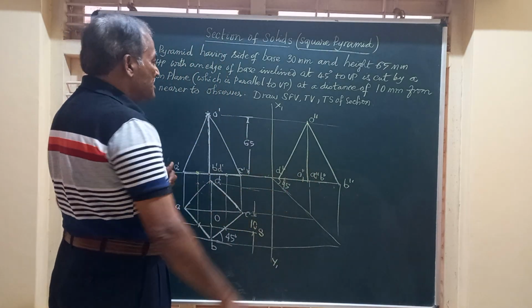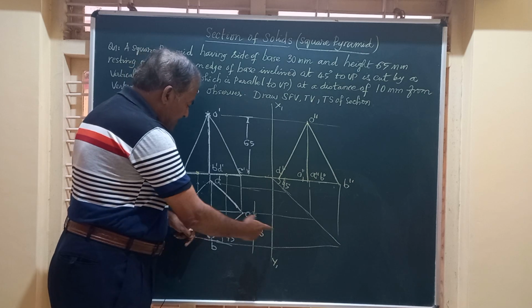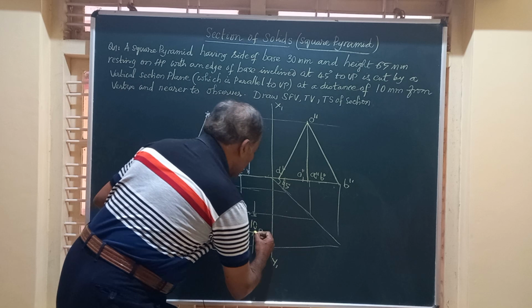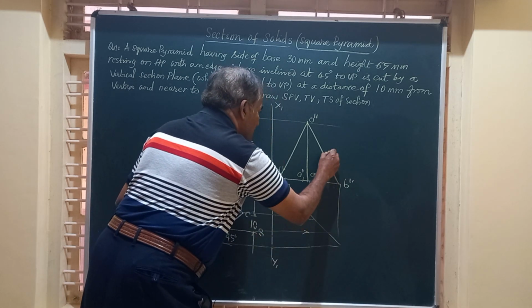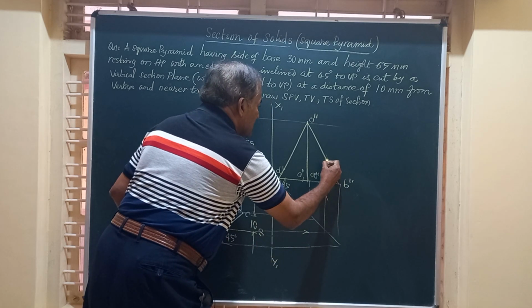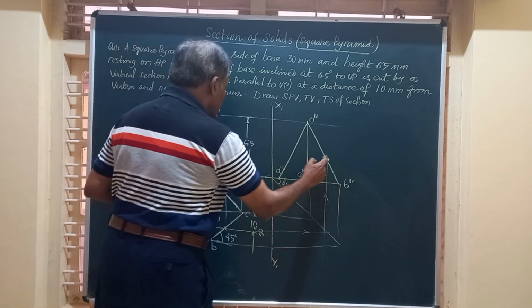Friends, I am making this construction to obtain the position of this point where the section plane is cutting OB. So friends, from here I transfer that point to here by horizontal line, draw a vertical line from there. This is cutting the edge O double dash, B double dash at this point.